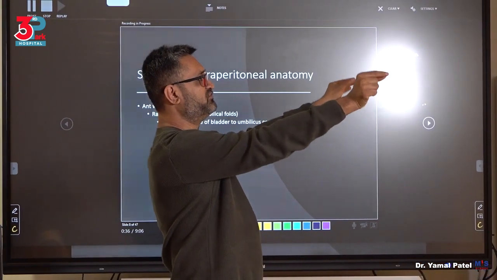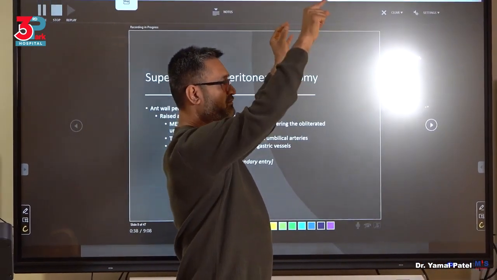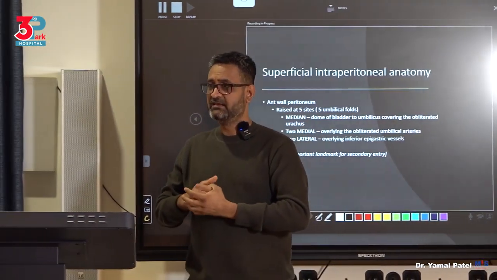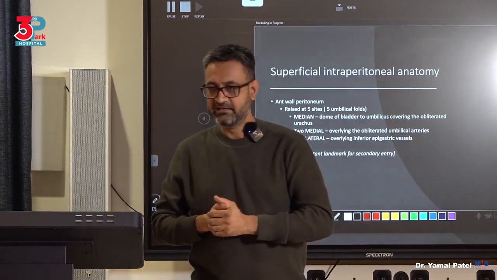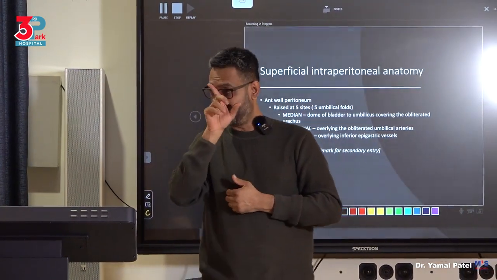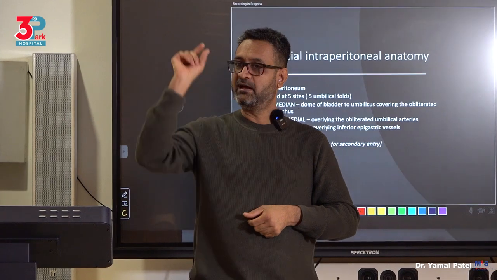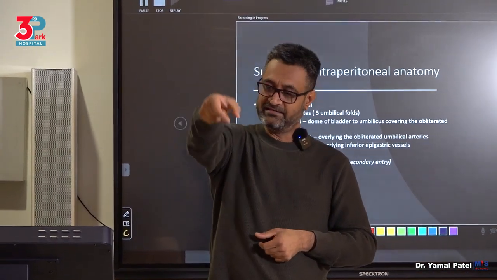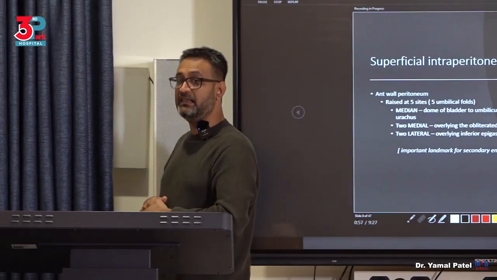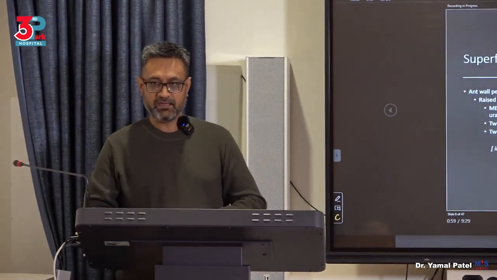Next to it, you'll see two folds over the peritoneum called the umbilical folds or the medial folds. These medial folds correspond to the obliterated umbilical artery. This obliterated umbilical artery, when you tug on it, is a continuation of the anterior branch of the internal iliac artery.